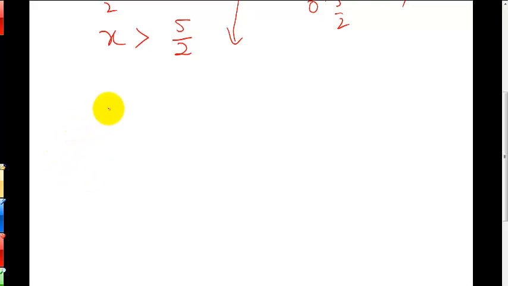Then we can do where you've got simultaneous equations, where it's like x and y.